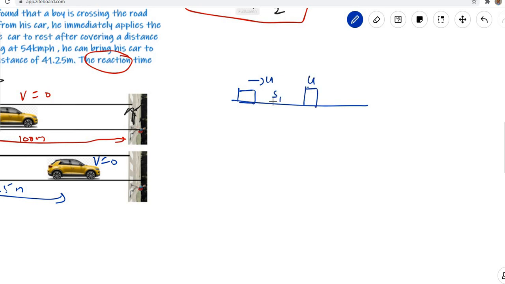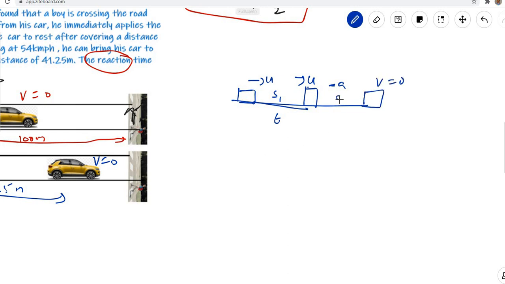Remember, in this case from here to here he didn't apply any brakes. He took some time to apply the brake. This time to apply the brakes is called reaction time. Still it is moving with the same velocity. Now he applied the brakes, then he is moving with retardation, and somewhere he finally brings the car to rest.